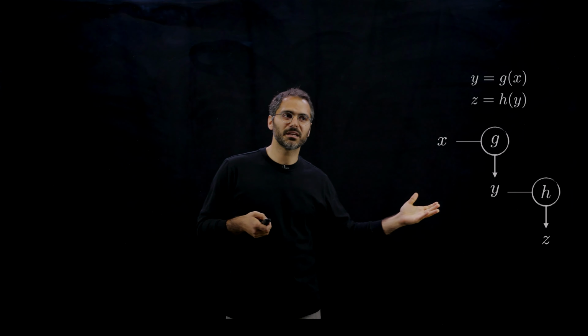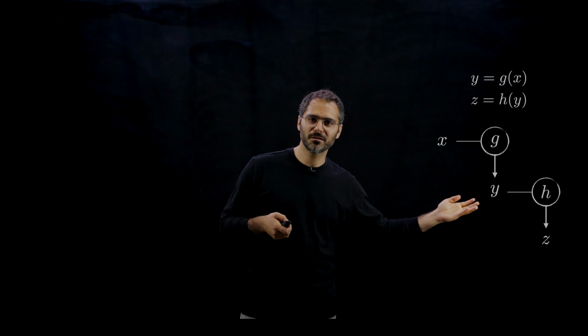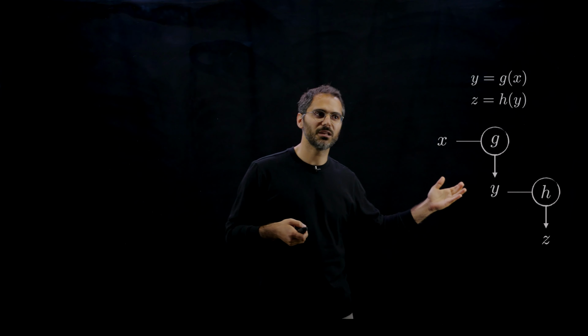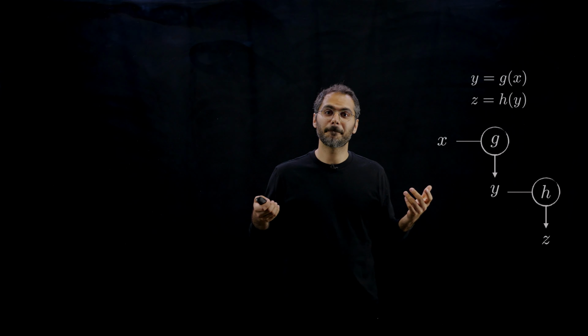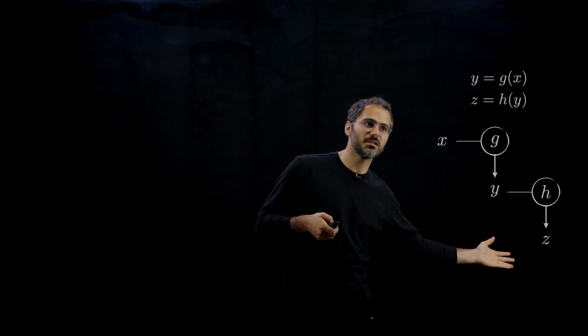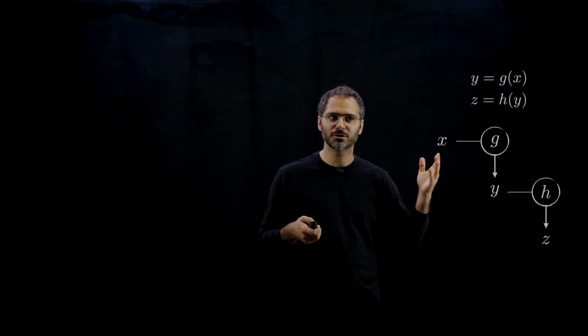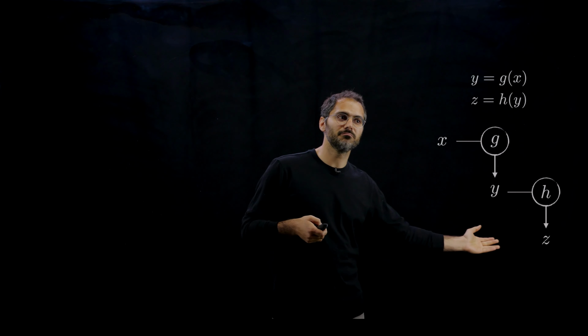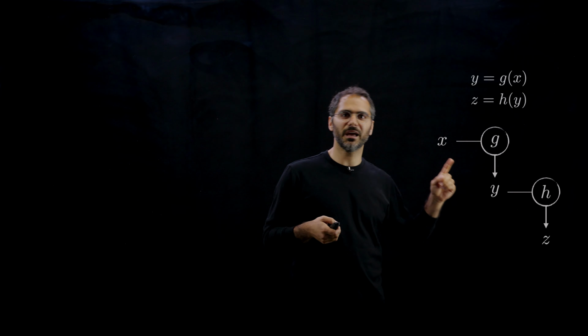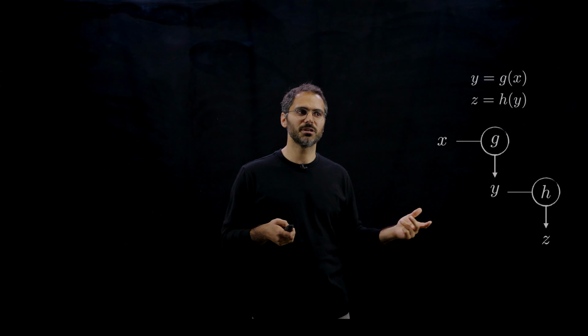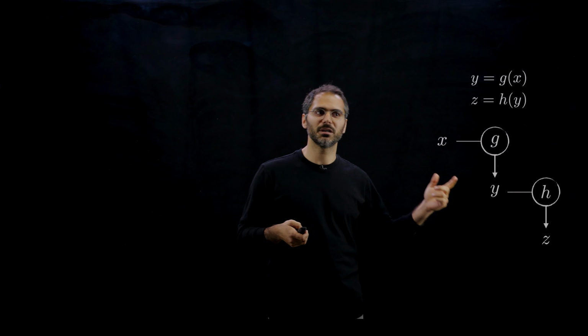Now we can represent it like this: x goes to y through the function g, and y goes to z through the function h. What is the derivative of z with respect to x? This is the question. If you know the chain rule, to get dz dx you need to apply the chain rule. It's dz dy times dy dx.